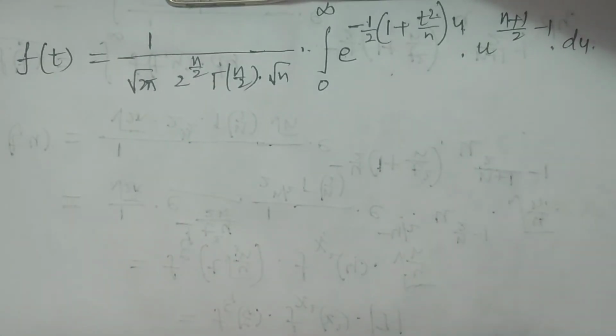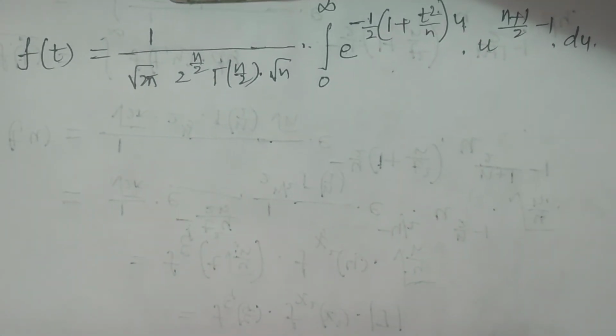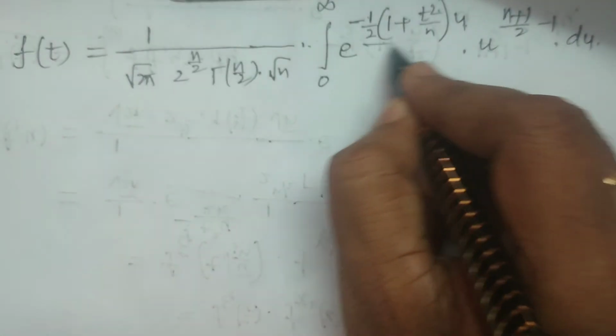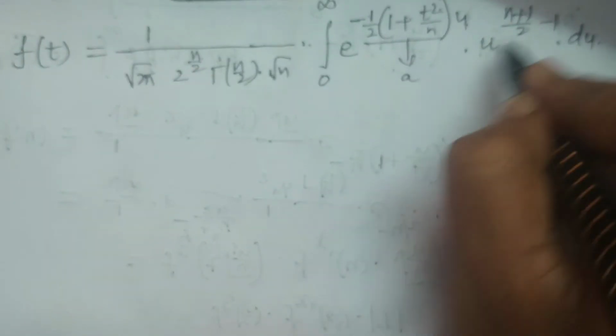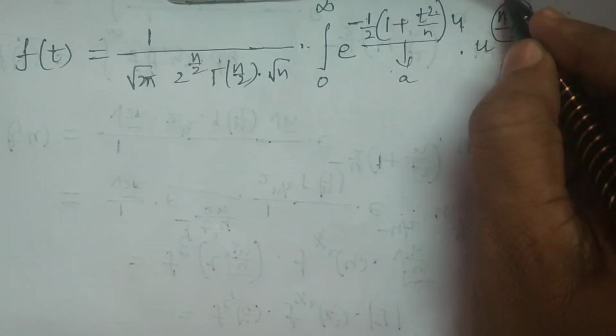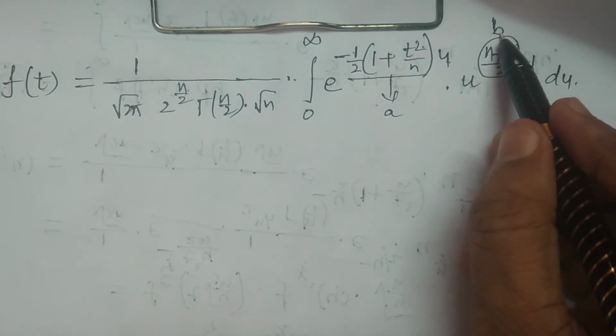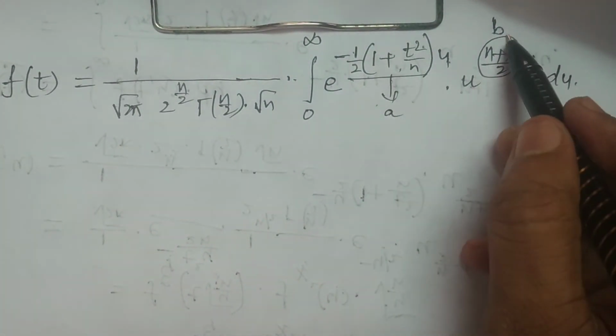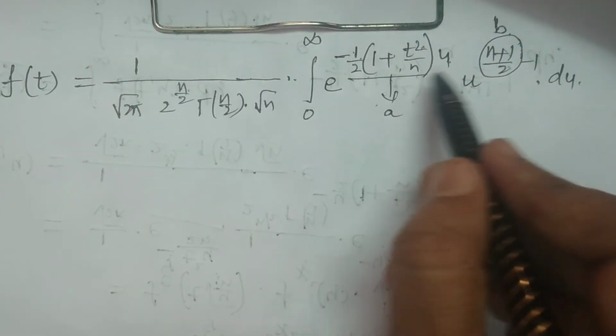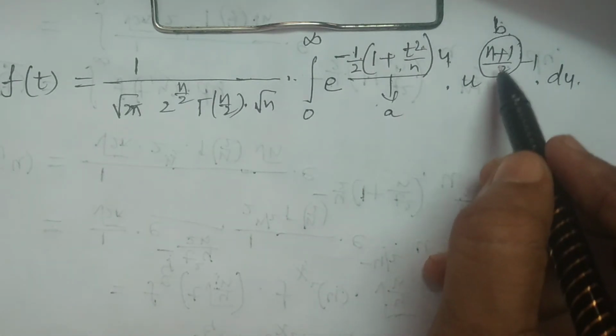So a is 1 by 2 into 1 plus t square by n, and b is n plus 1 by 2.